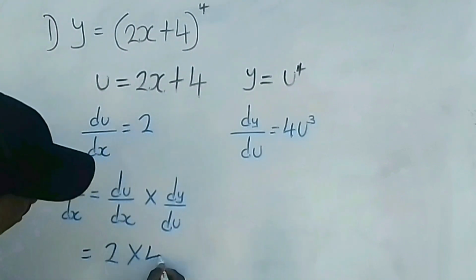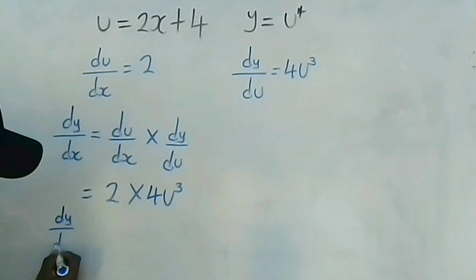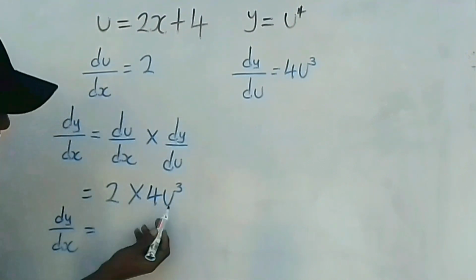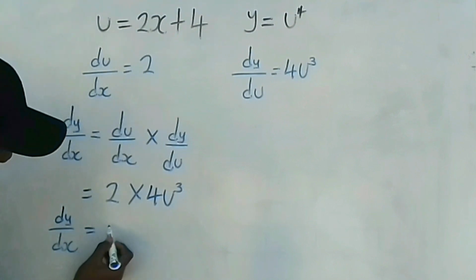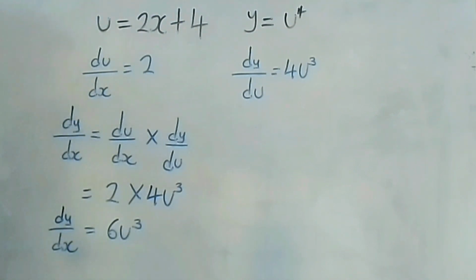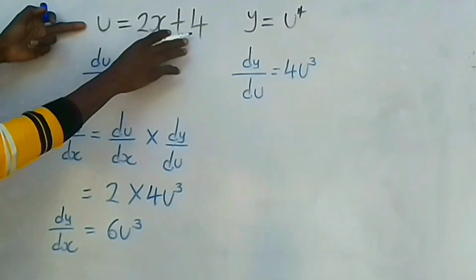So I'm going to have dy/dx is equal to 2 multiplied by 4u raised to the power of 3. That is 8u raised to the power of 3. So don't forget that u is equal to 2x plus 4.